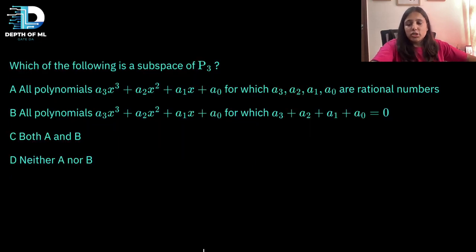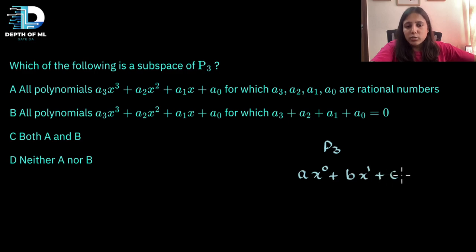Let's see this question. Again, we are asked which of the following is a subspace of P3. So let's see what P3 is first. When I say P3, it's basically the polynomials of the form a x^0 plus b x^1 plus c x^2 plus d x^3.